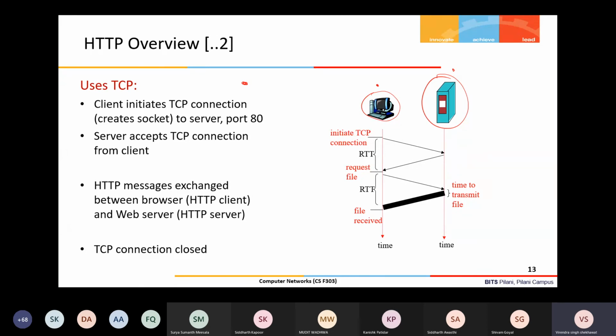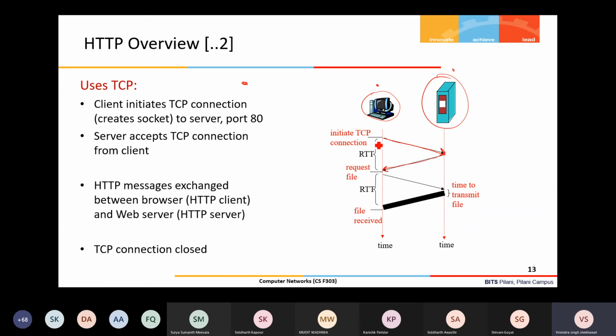There is a process for how the TCP connection is established. Right now you assume the TCP connection is established for us, and for the application it is ready. Some message is sent by the client side for establishing the TCP connection and the server replies back.